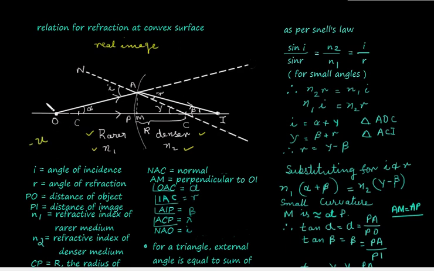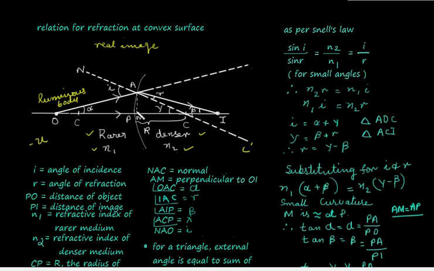O is a luminous body. We have considered one ray passing along this line, and if refraction did not occur, it would have passed on along this line. Since it is entering the denser medium, it bends towards the normal. This is the bending. NCC dash is the normal. The normal drawn to this surface passes through the center of curvature. Another ray considered is a ray passing along the principal axis.